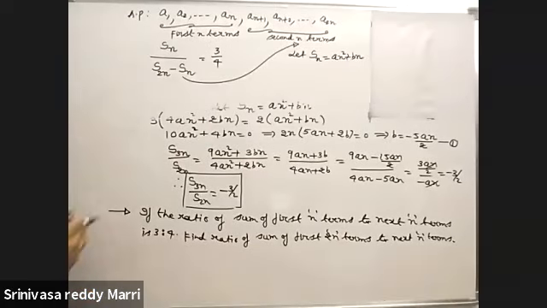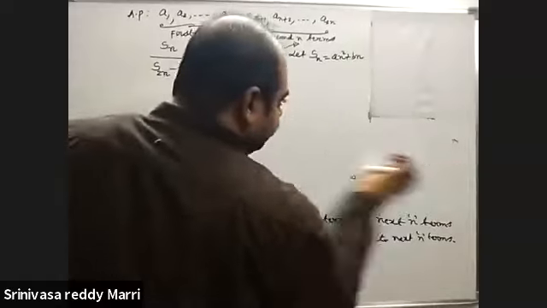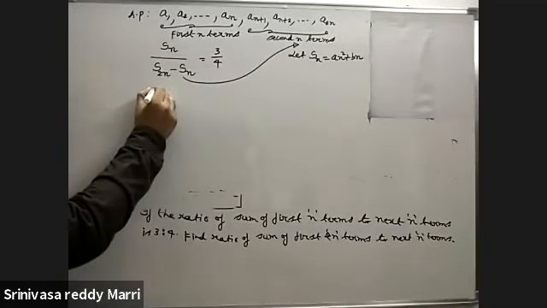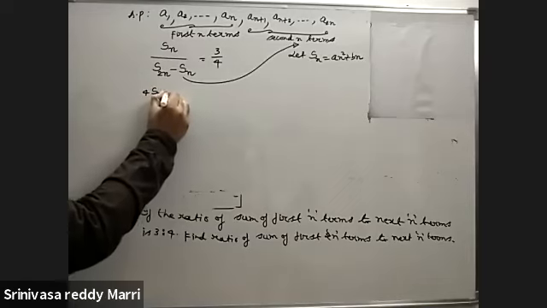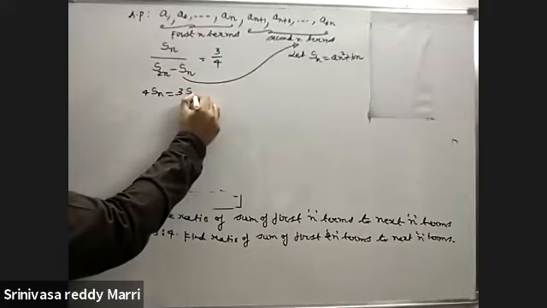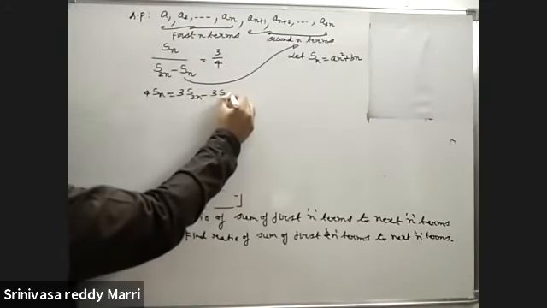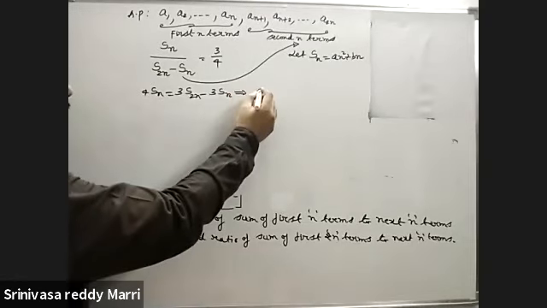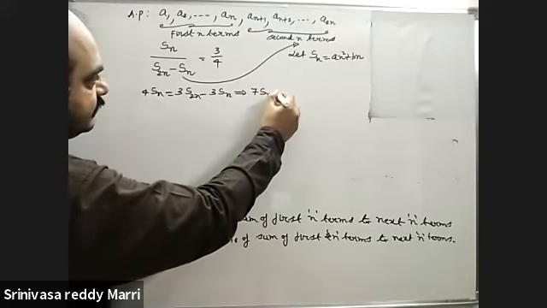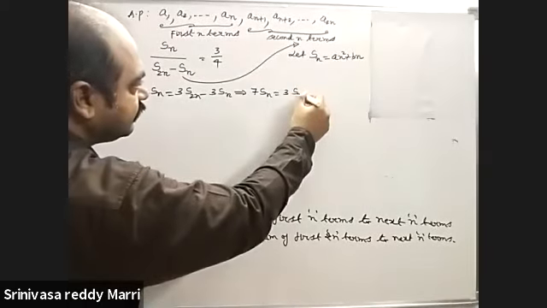Now in the previous problem, whatever approach has been taken, we will follow this approach only. Let Sn equal An square plus Bn, the sum of first n terms in an AP. He has given cross multiply: 4Sn equals 3S2n minus 3Sn, which implies 7Sn equals 3S2n.